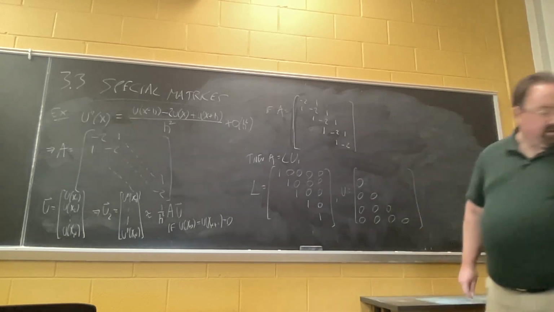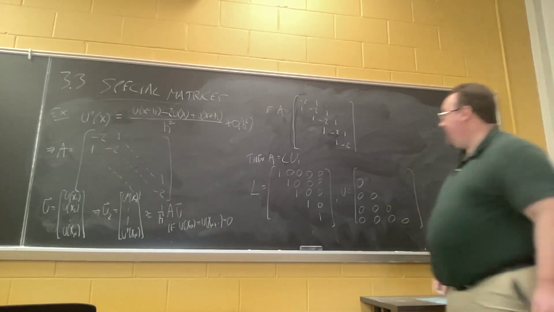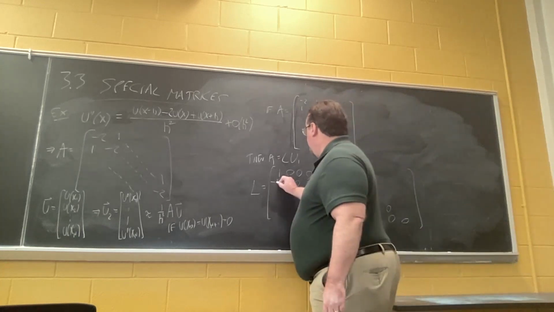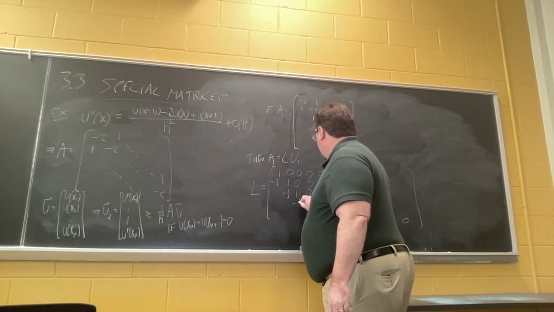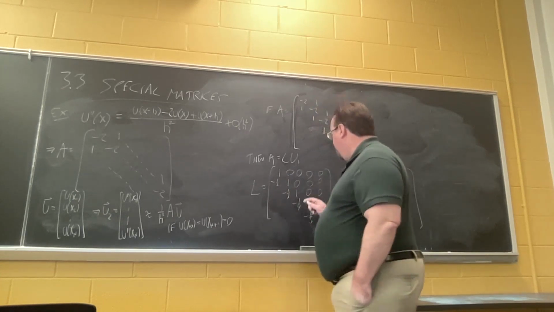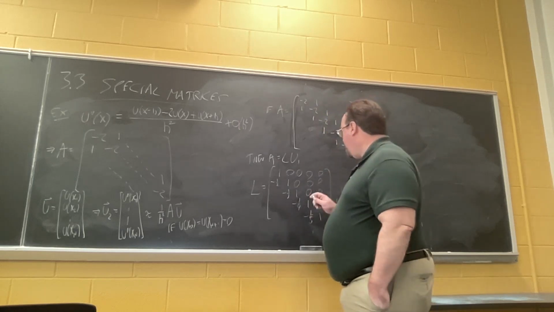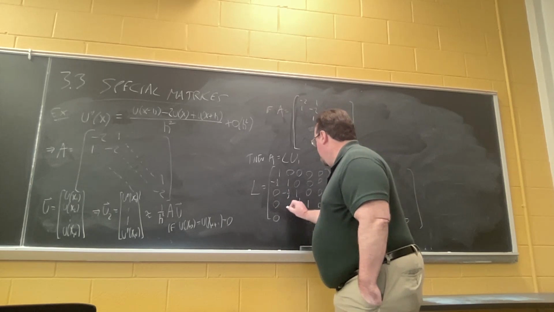Okay, so for L, we have a nice pattern here. We have -1/2, -1/3, -1/4, -1/5. But what's more interesting for today's topic is the fact that everything below that is 0.